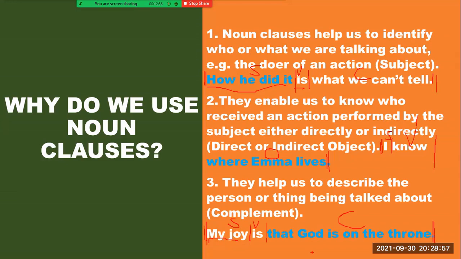Again, my joy here is described by the complement, which is that God is on the throne. My joy is that God is on the throne. This is the complement. As I said earlier, the complement always comes after a linking verb. The linking verb here is is.